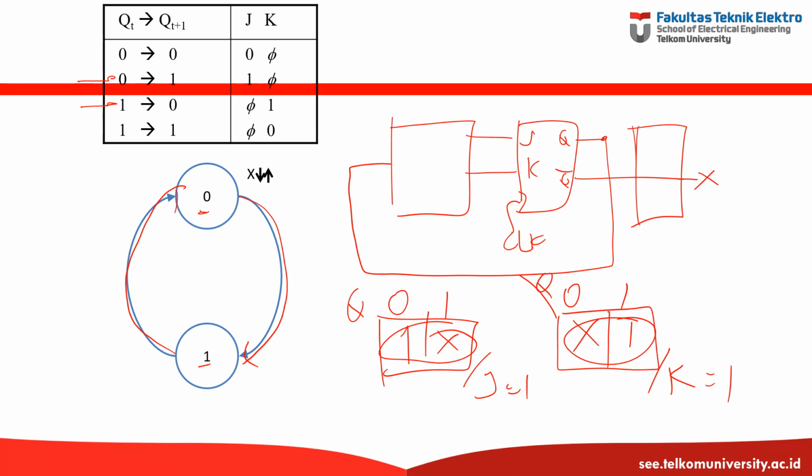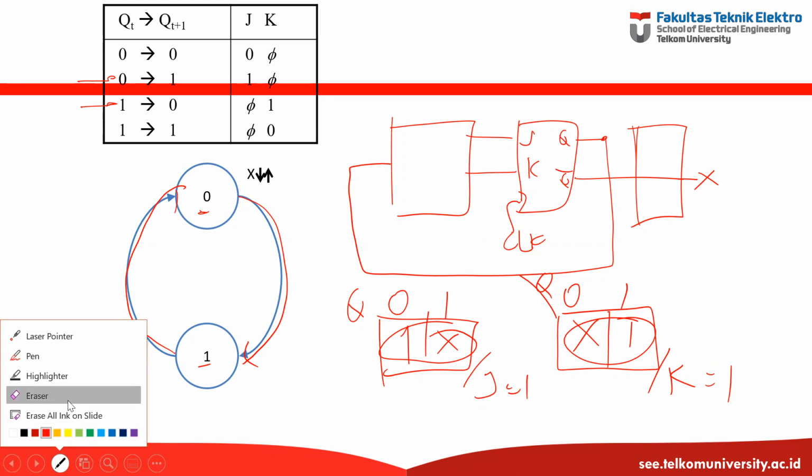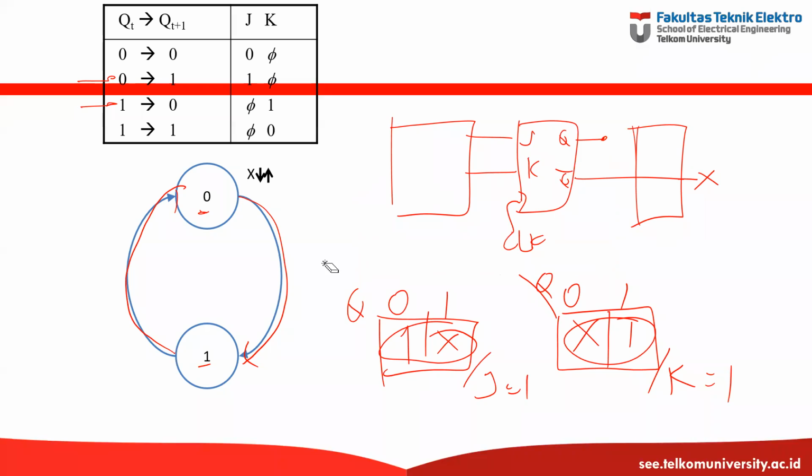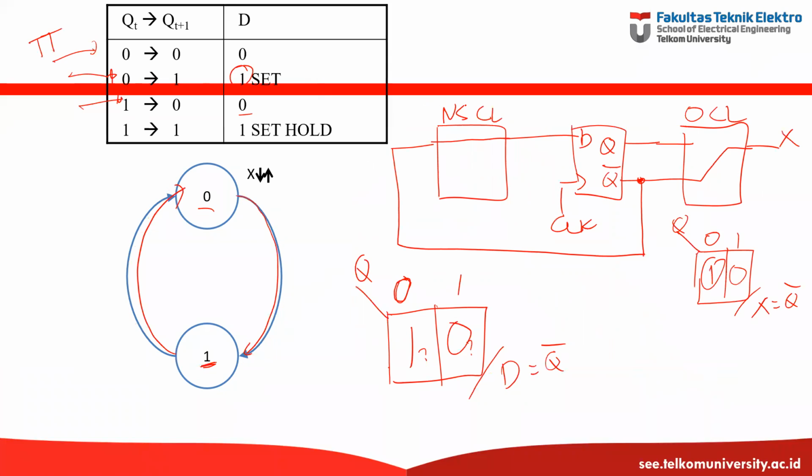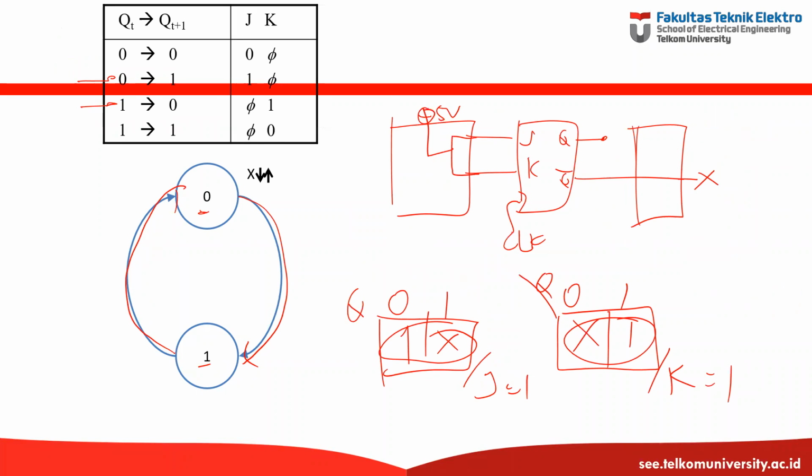So this means there is no feedback. But we're going to connect J and K with 1 or 5 volt. That's it. That's for JK flip-flop. This is for D flip-flop. This is for JK flip-flop.